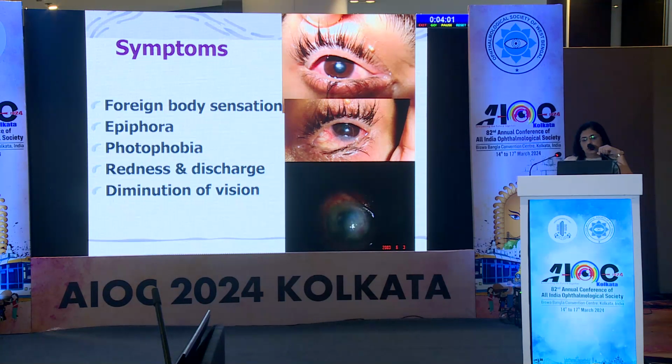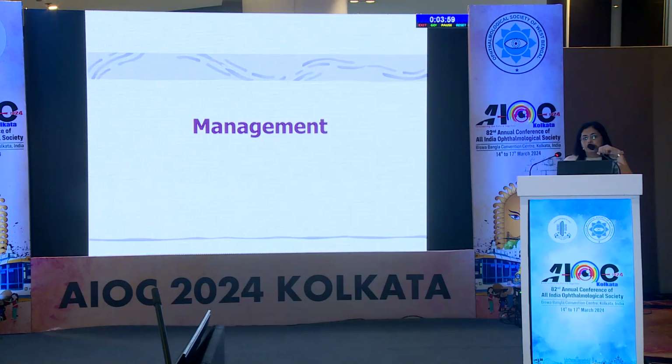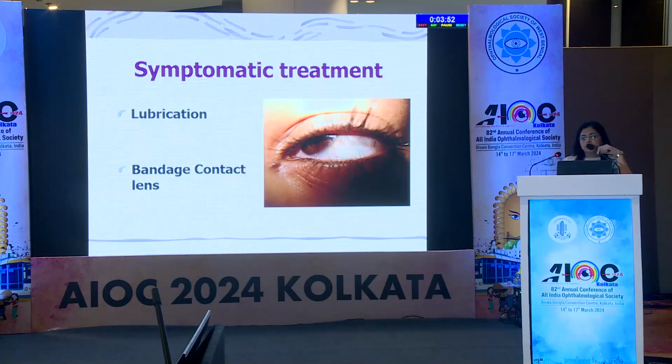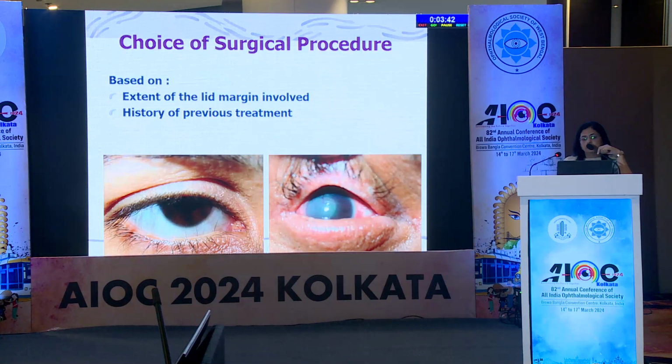ocular and visual problems. So coming to the management of this condition, symptomatic treatment is given initially, lubrication in the form of drops or gels, and in severe cases we may have to give a bandage contact lens to prevent keratopathy. The choice of the surgical procedure depends on the extent of the lid margin involved and whether there is any history of previous treatment.